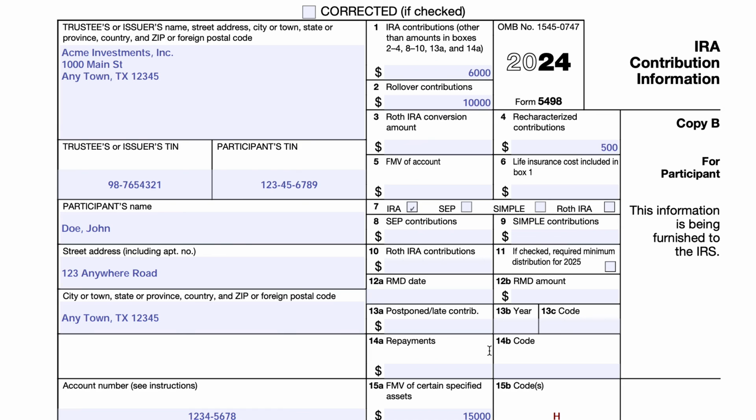So, for example, if you made non-deductible contributions in prior tax years, but you don't have copies of IRS Form 8606, then you could use your prior year's Form 5498 to at least determine the amount of your non-deductible IRA contributions from each year. And then you can use that to do your Roth conversion planning strategy.